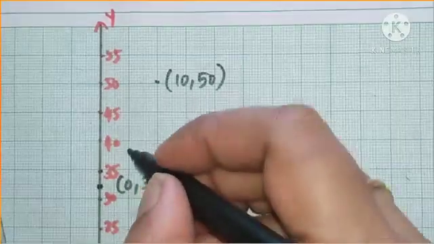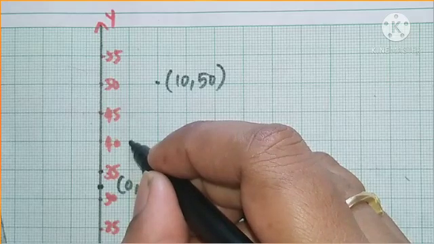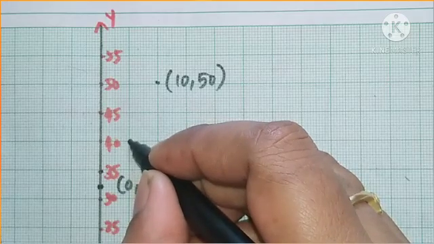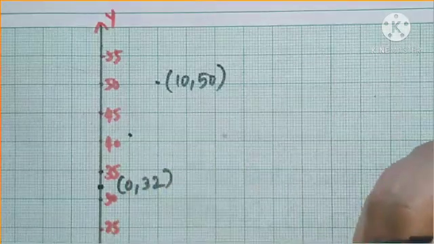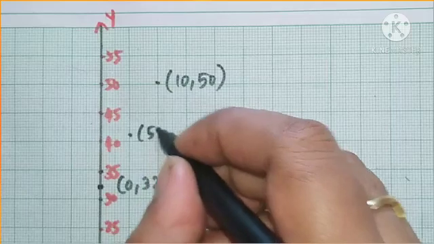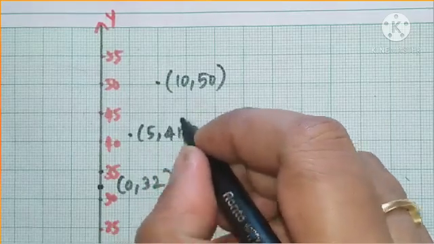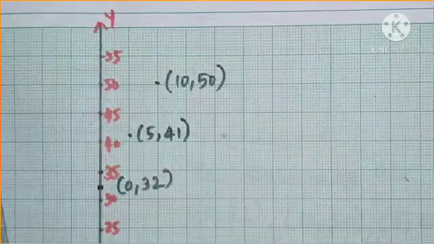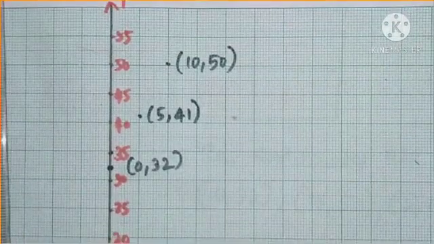After 40, the next line is 40.5, then the second line is 41. So that is the point 5 and 41. Now we have plotted all three coordinates. It is enough to draw the graph.